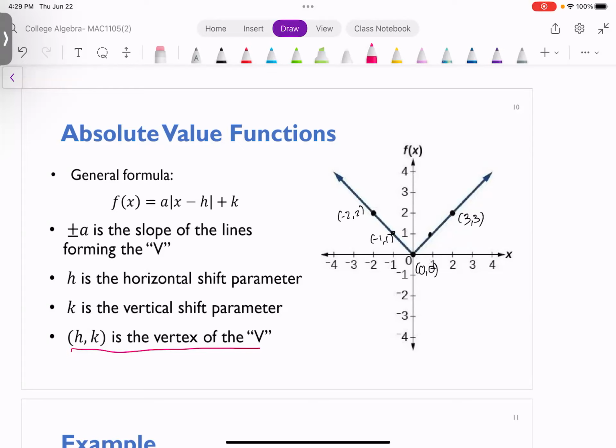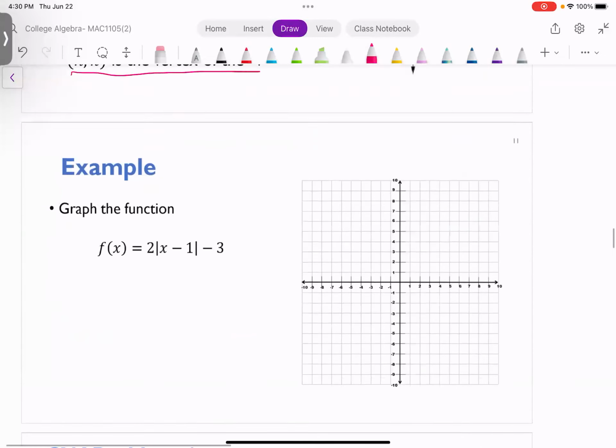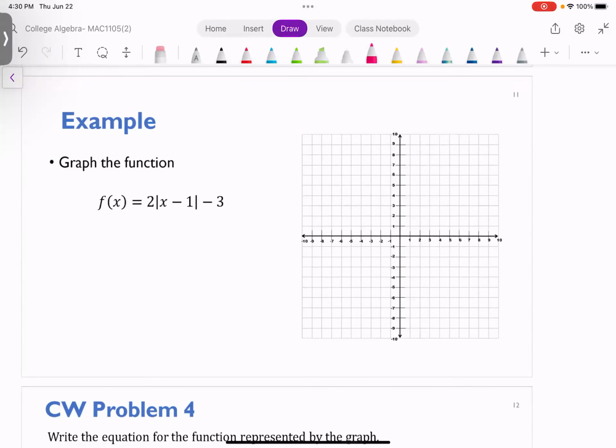So let's go ahead and apply these principles to some examples. Say that I wanted to graph the function f of x equals 2 times the absolute value of x minus 1 minus 3. In that case, the first thing I want to do is identify the values of a, h, and k.